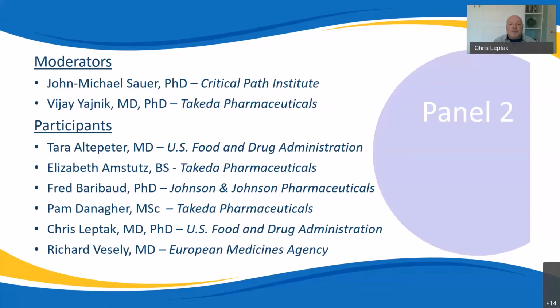Let me give the C-Path commercial. We heard a 3TR commercial, and that's exactly what we do. When we pull our public-private partnerships together, our consortia, we're looking for different pharmaceutical firms to provide this information, right? And we've worked with FDA and EMA enough that we know what they're going to want.